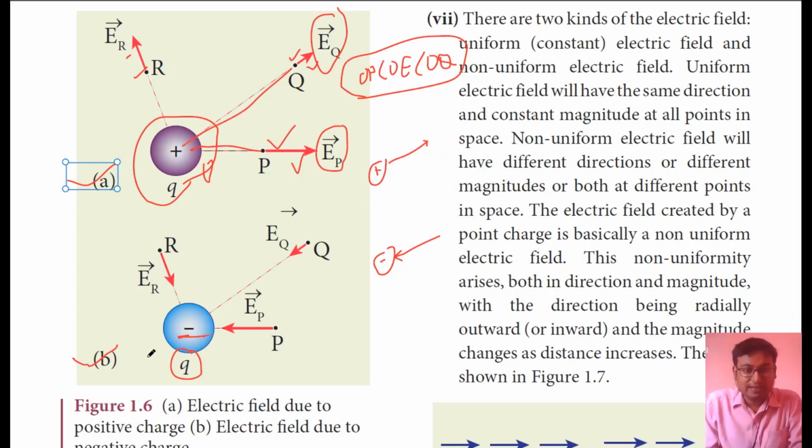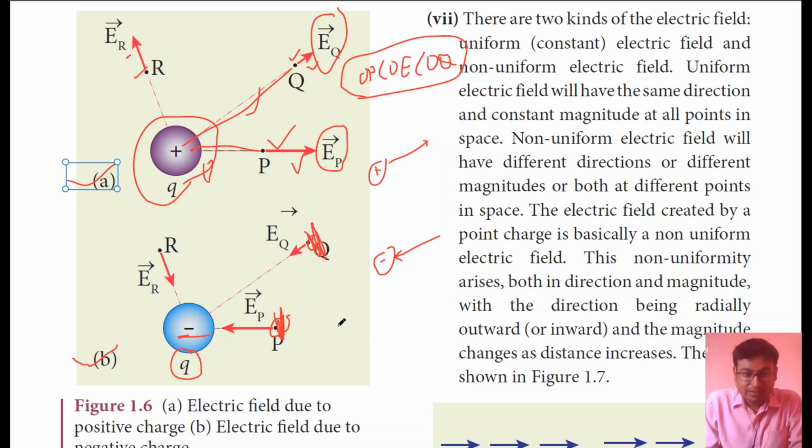Likewise, in the case of the negative charge also, P is at the least distance from the negative charge, and Q is at the highest distance from the charge. That is why the strength of electric field at point P will be highest, and the strength of electric field at point Q will be least.